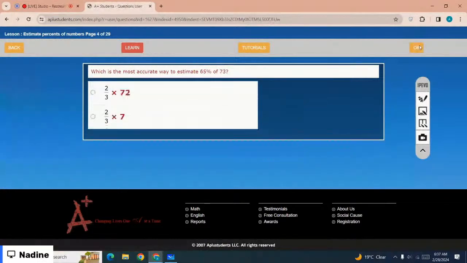Which is the most accurate way to estimate 65% of 73? So which is the correct option?